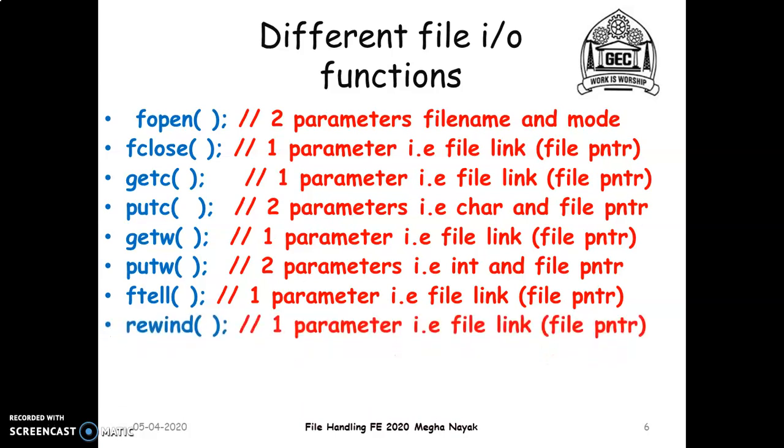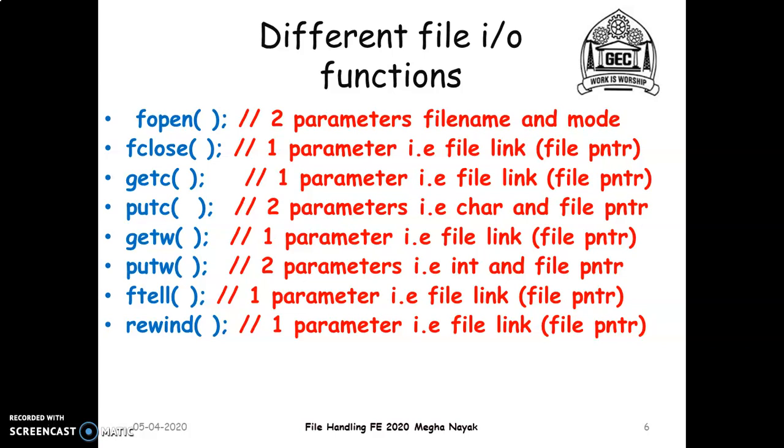Rewind. Rewind takes one parameter, which is the file link or the file pointer. The function of rewind is to get the cursor back to the starting position of the file, wherever the cursor may be. Suppose you have written a word into the file which says hello.